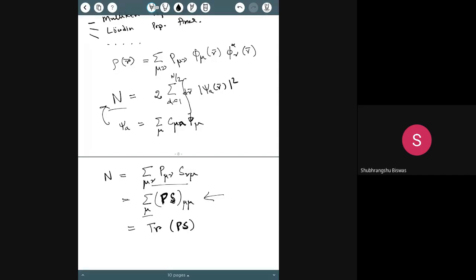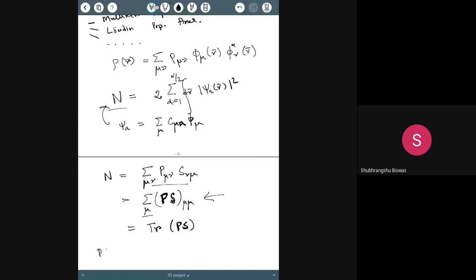So PS mu mu represents a fraction of the total number of electrons which come from phi mu. And phi mu, remember, is an atomic orbital, so it belongs to one particular atom.